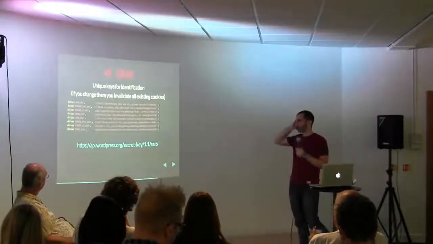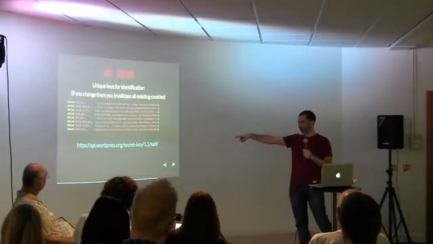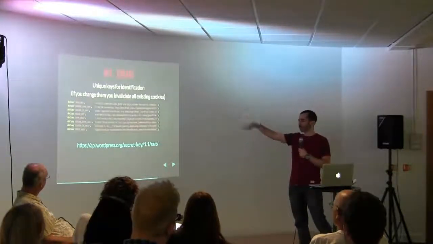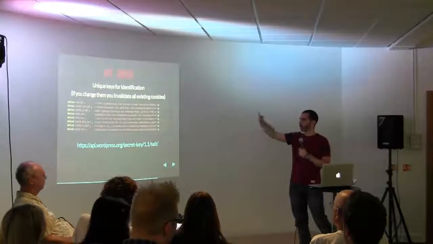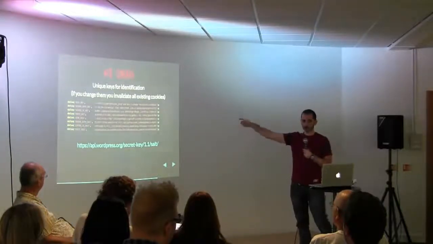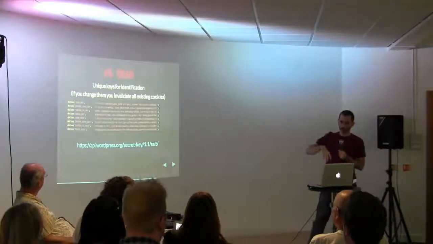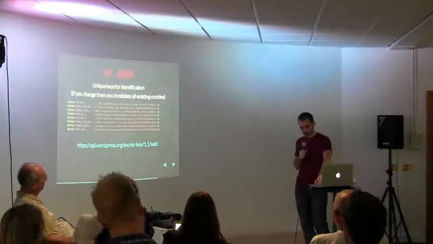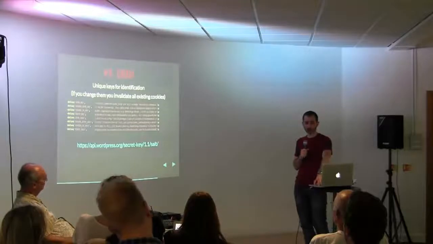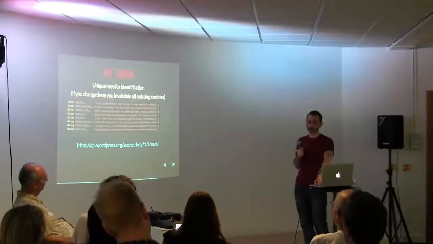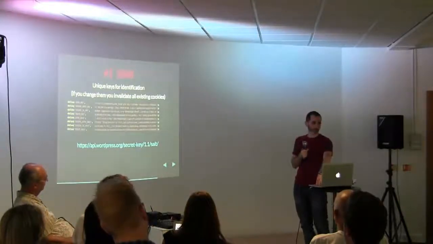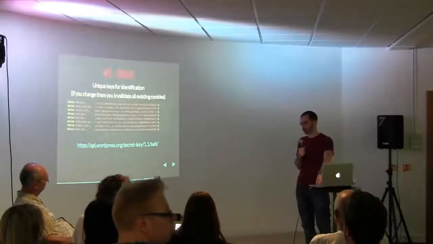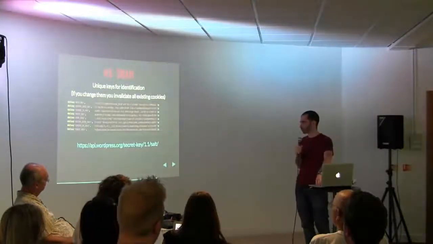You can easily copy and paste the line below, and you will get the lines above. So you will just copy and paste on your WP config. Most of the time, spend some time working on your WP config. It's good to have something more secure on your WordPress.